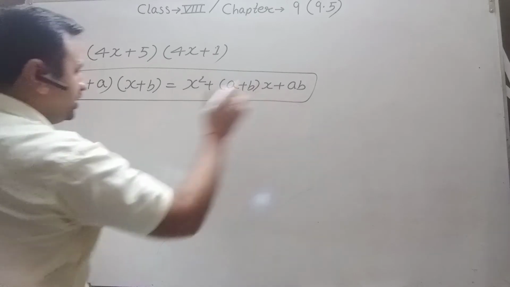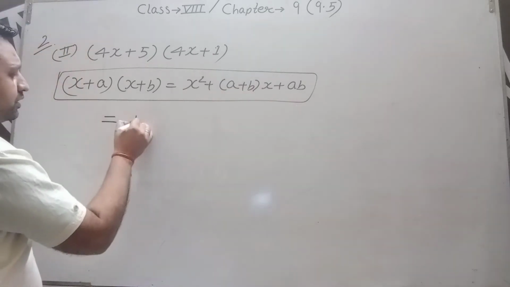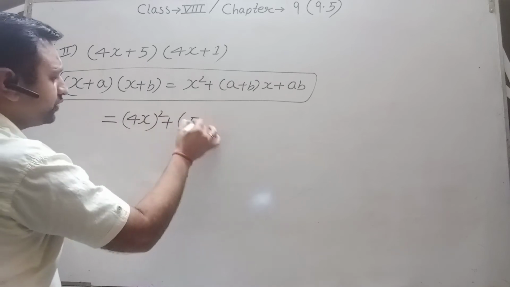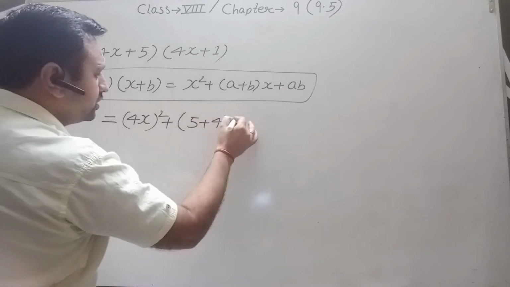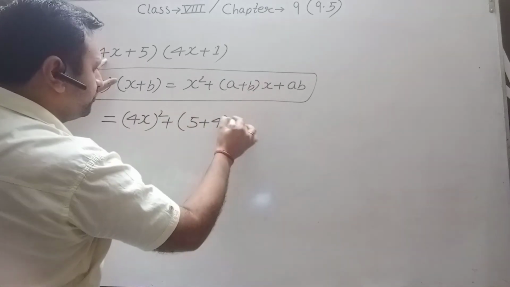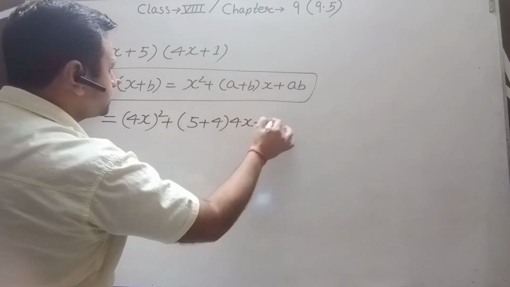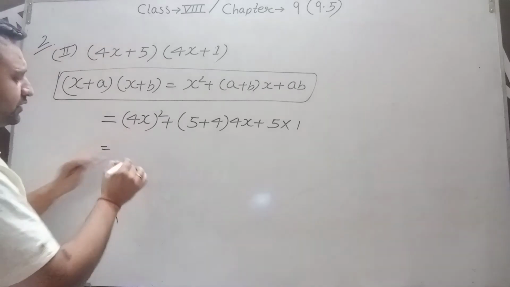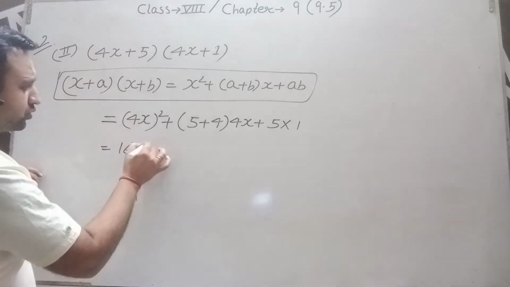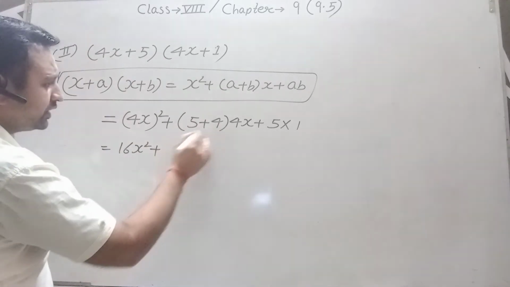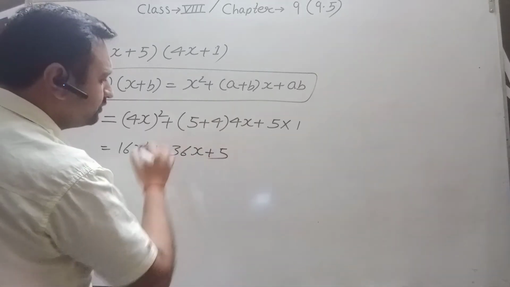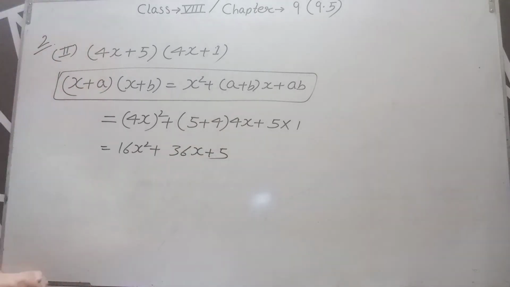Now put the values in the RHS. (4x)² + (5 + 1)(4x) + 5 × 1. 4x times 4x is 16x². 5 plus 1 is 6, 6 times 4 is 24x, plus 5. So it is the product of these two binomials.